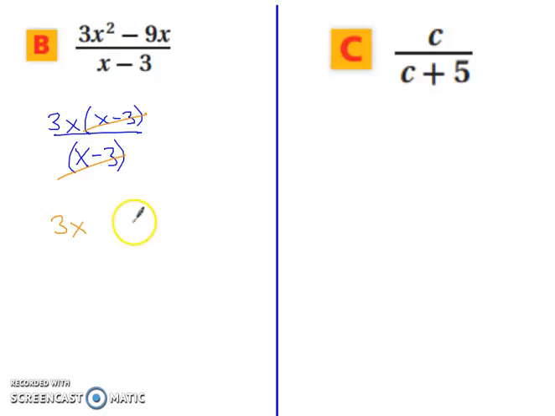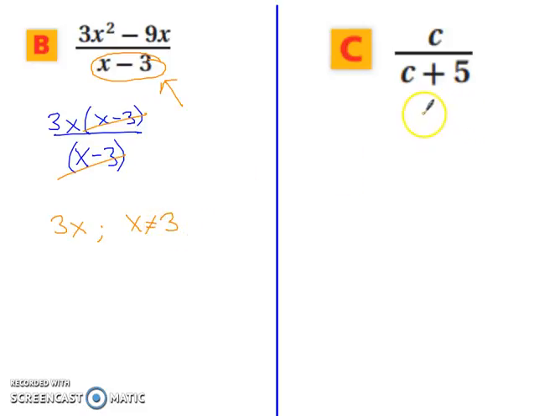However, don't forget about that excluded value. So we're going to look at our denominator and what is going to cause our denominator to be 0. Well, in this case, x cannot equal 3. So when we simplify, we end up with 3x, but x can't equal 3.